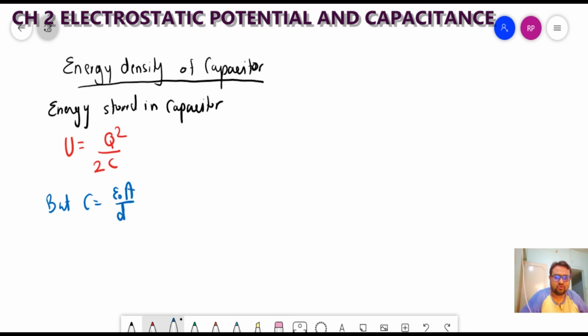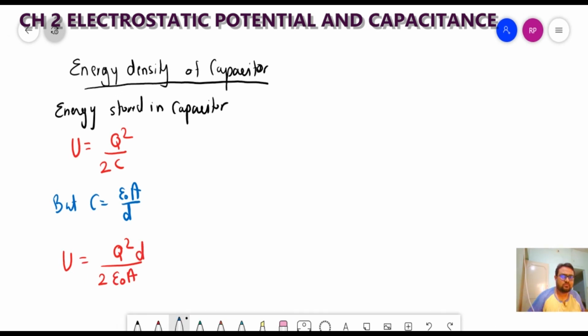So let's put that value: U equal to q square upon 2 epsilon 0 A upon d. We also know that sigma is equal to q by A. So that implies q equal to sigma A.